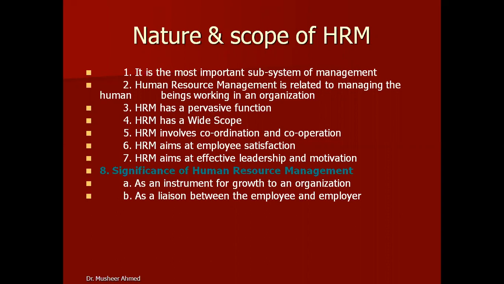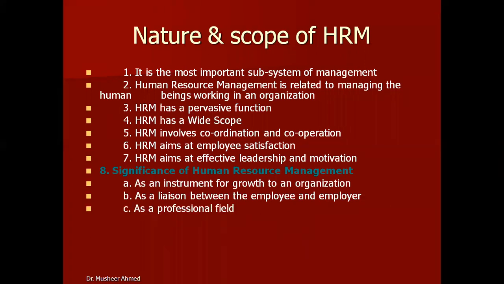Now, sixth, human resource management aims at employees' satisfaction. Yes, the ultimate aim of human resource management is the employees' satisfaction. That is the final and the ultimate goal of human resource management, to work for the satisfaction of employees who are working in that organization.